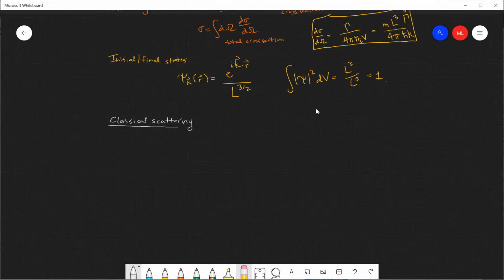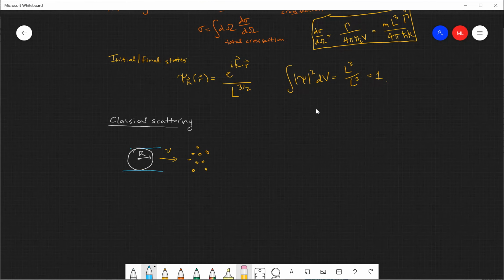Suppose our incoming particle is some large sphere of radius r, coming in at some speed v and hitting a bunch of smaller particles. Here are the targets. If it's moving at speed v, it's going to sweep out a volume as it moves through space.